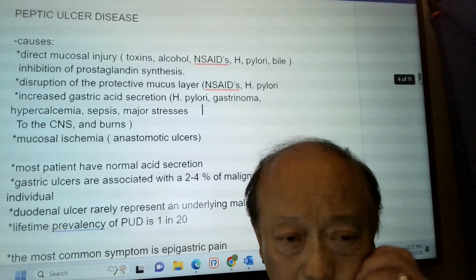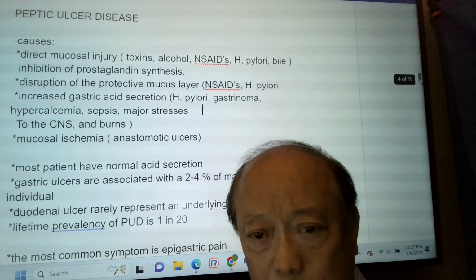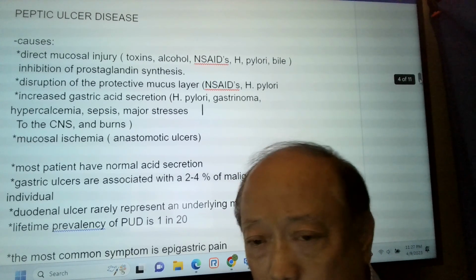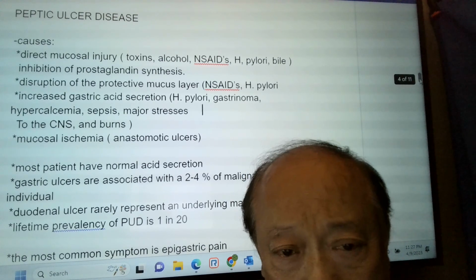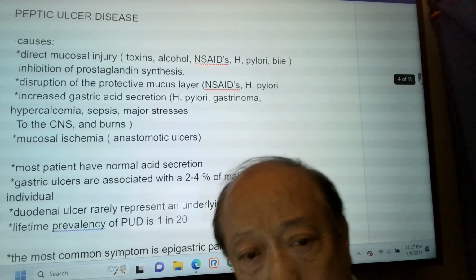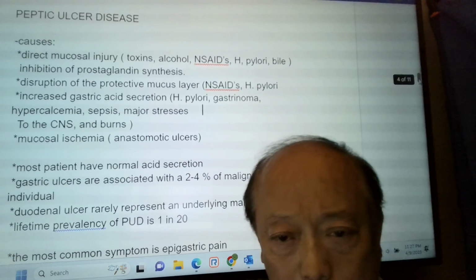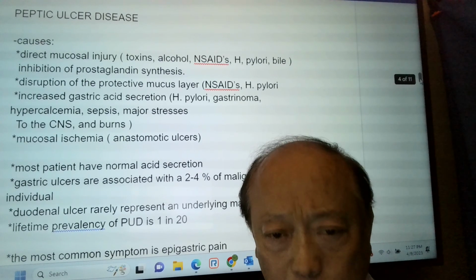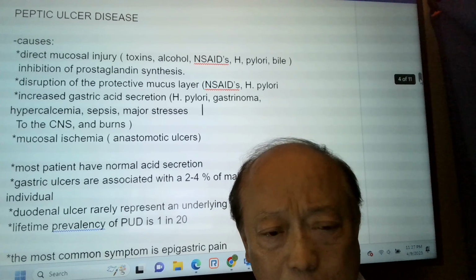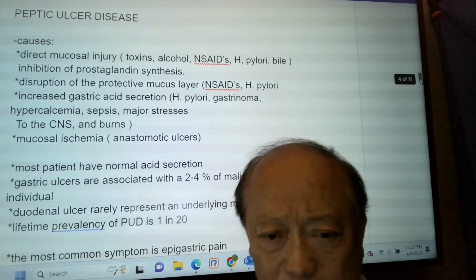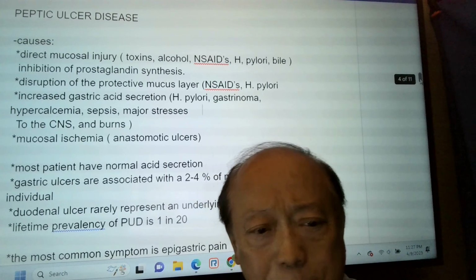Peptic ulcer disease is caused by direct mucosal injury from toxins, alcohol, NSAIDs, H. pylori, and bile; inhibition of prostaglandin synthesis; disruption of the protective mucus layer caused by NSAIDs and H. pylori; and increased gastric acid secretion, for example with H. pylori and gastrinoma.